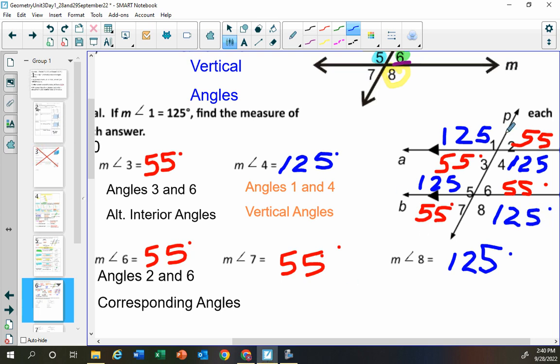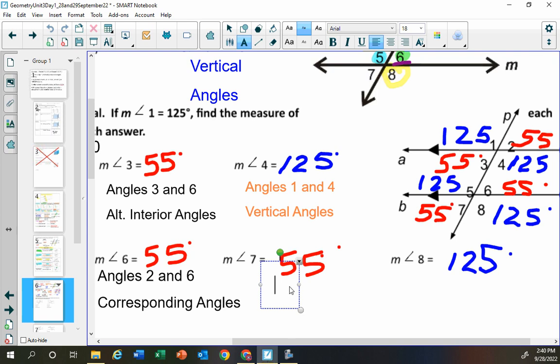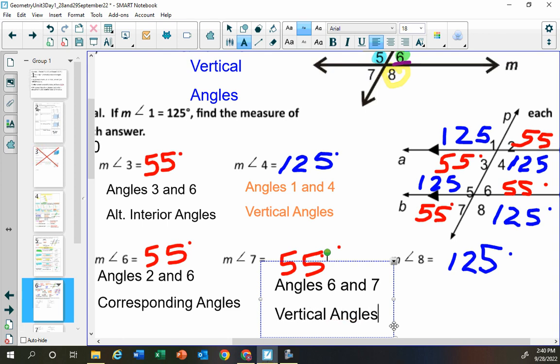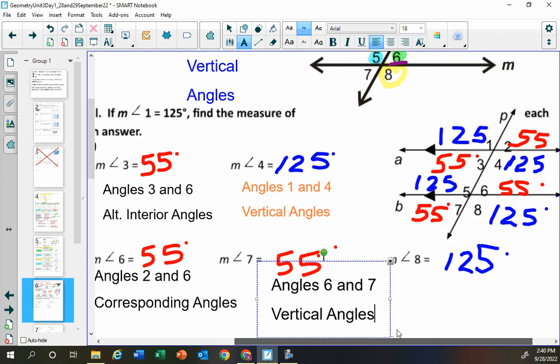And then angle 2 and 7 are alternate exteriors. But you also know that 6 and 7 are vertical angles. I'll accept that as an acceptable answer.